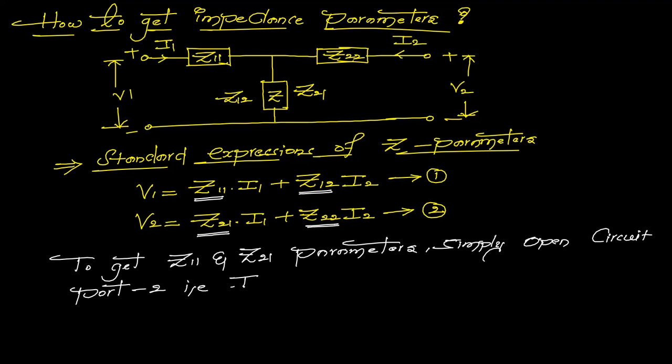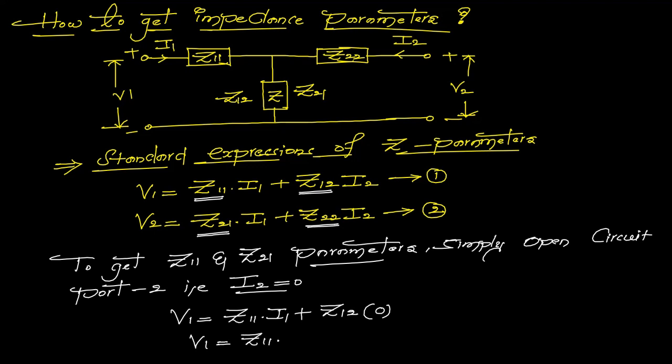That is, if you are opening port 2, the value of I2 is equal to 0. Now use this condition and substitute it in equation number 1 and 2. Substituting I2 equal to 0 in equation number 1, you get V1 is equal to Z11 I1 plus Z12 into 0.